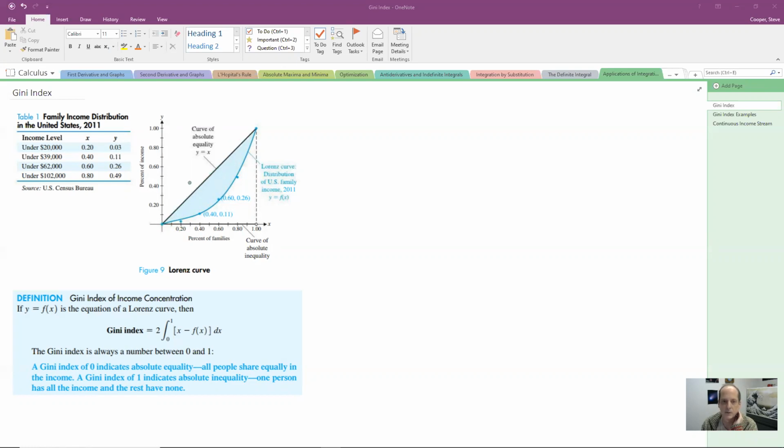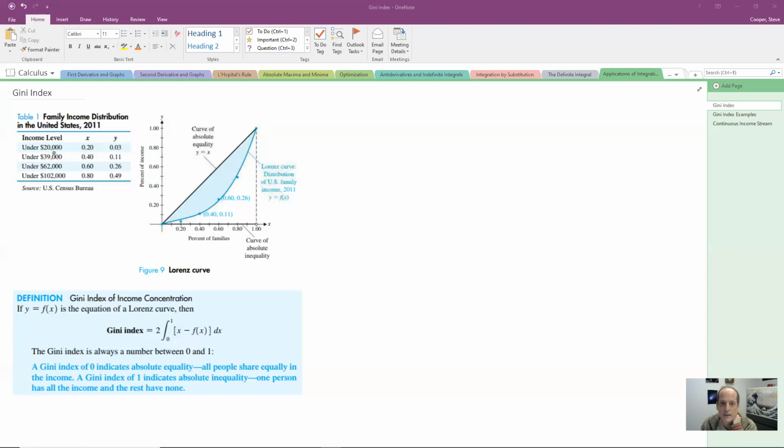But that's not how the real world works. Usually you've got a mixture of varying degrees of wealth in your society. So this curve below it is the actual situation, and the other is the perfect situation. For the actual situation, we take some data points.